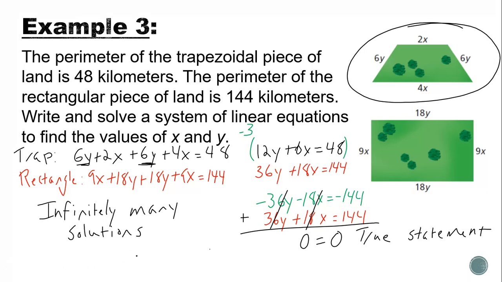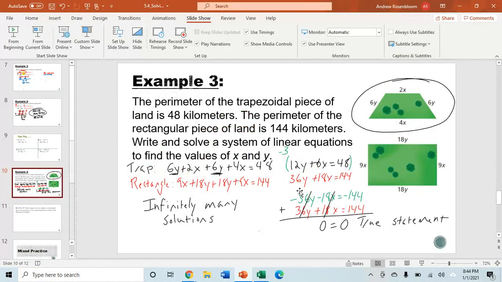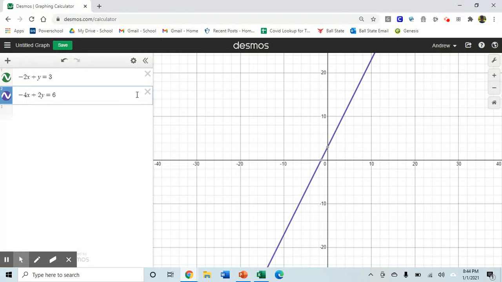Now, I want to make note though, just because there's infinitely many solutions, there are actual values that are solutions. So in order to figure out one potential solution to this, which is a question that you might see, we want to take a look at the graph. Let's graph 12y plus 6x equals 48.